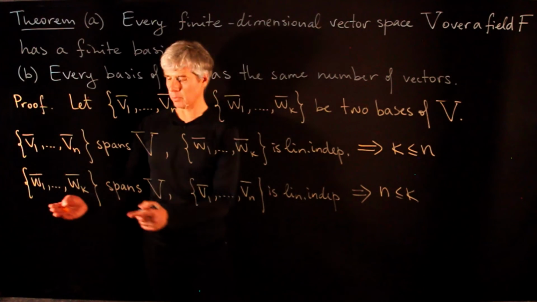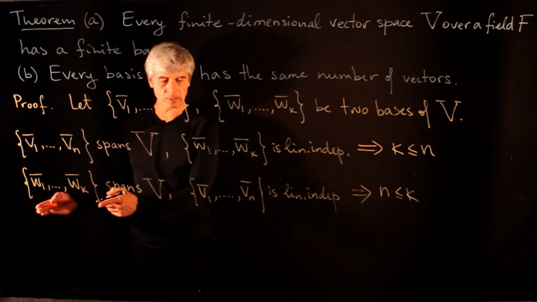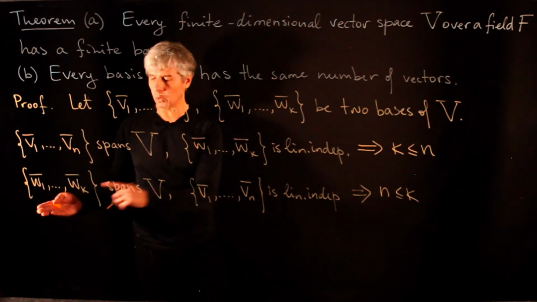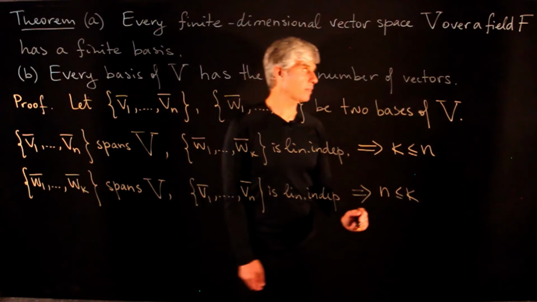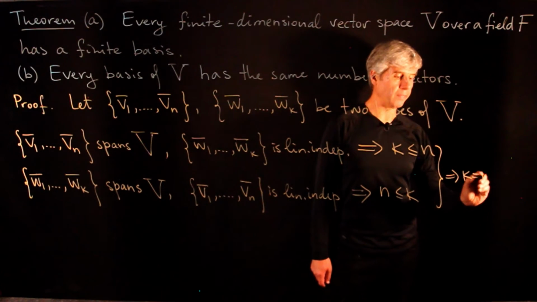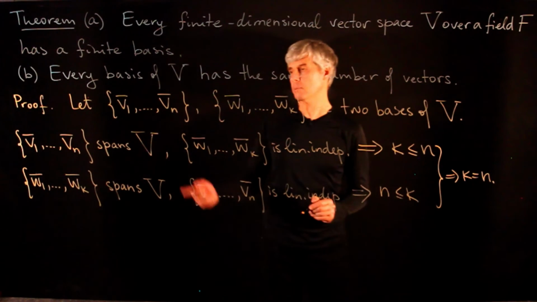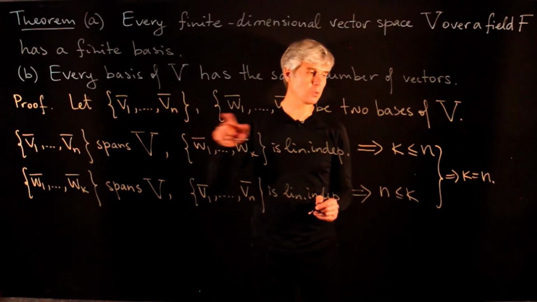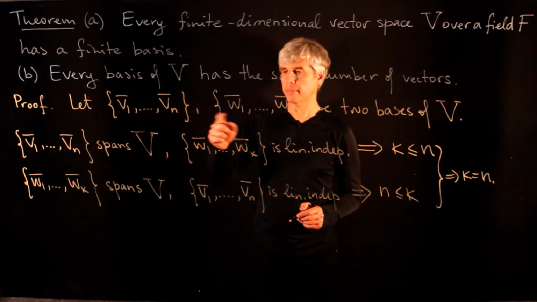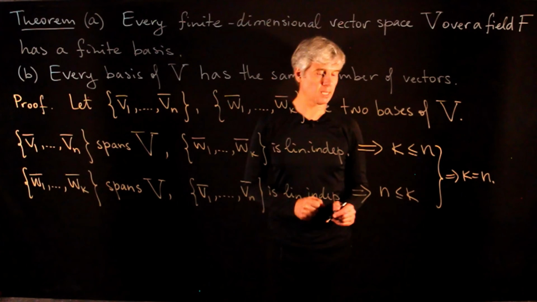Right? Because now this space V is spanned by k vectors, and we have n linearly independent vectors in it. So this means that n cannot exceed k. And these two together will imply that k is equal to n. And this means that if we have two bases of the same finite dimensional vector space, then the number of vectors must be the same.